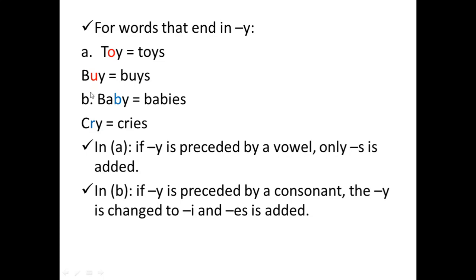This is the case, guys. Okay, buy becomes buys without an E. Simply S. Okay, and why? Why do we do that? Because we have a vowel which preceded Y, came before Y. And in B, we have if Y is preceded by a consonant, not a vowel.